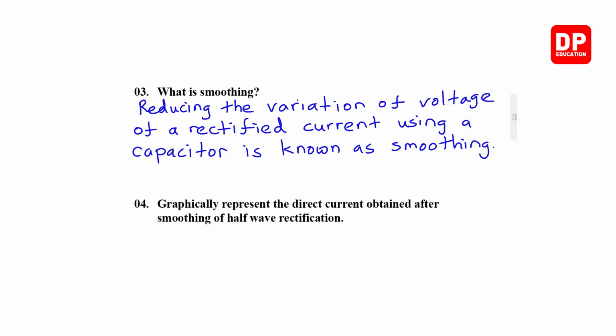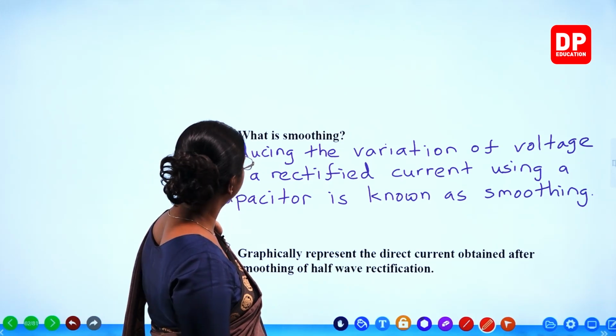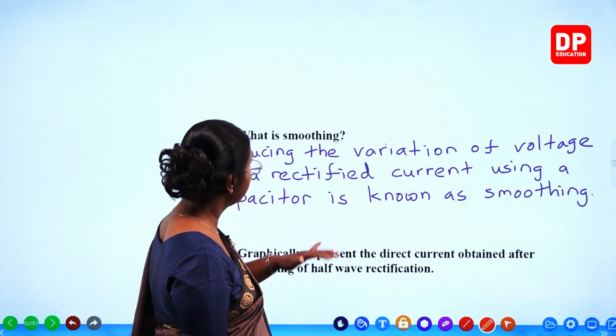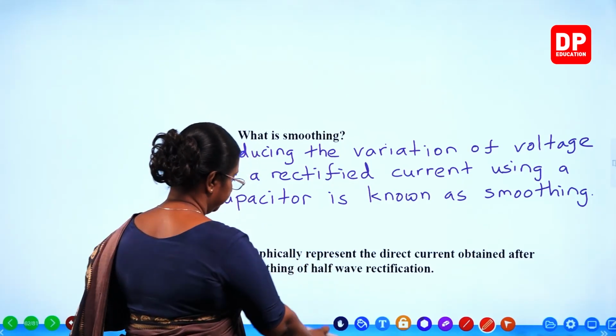It can be the variation of voltage or variation of current. You all know that. So here I have said voltage: reducing the variation of voltage of a rectified current using a capacitor is known as smoothing.